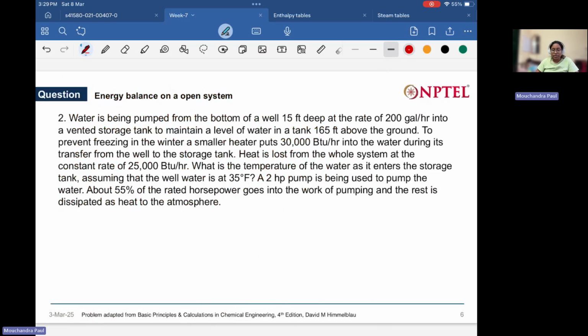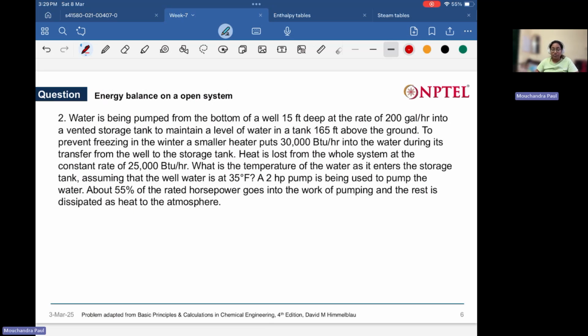So water is being pumped from the bottom of a well that is 15 feet deep at the rate of 200 gallon per hour into a vented storage tank, to maintain a level of water in a tank that is 165 feet above the ground.